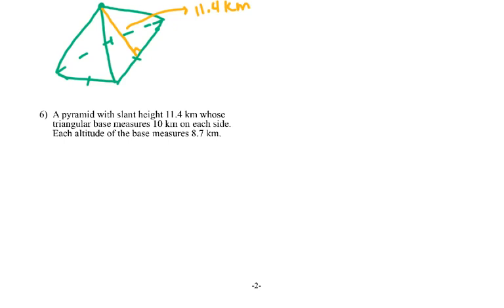Oh, I guess that does indicate that it would be regular because it's 10 kilometers on each side. Okay. Each altitude of the base measures 8.7. So the altitude of the base would be the height of the base. So that might be like here, not the greatest picture, but that is 8.7.